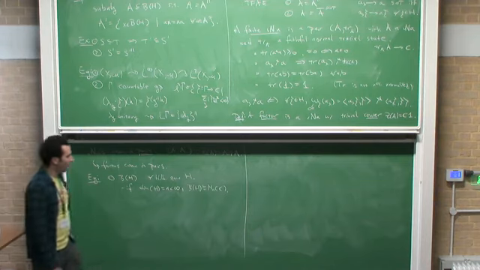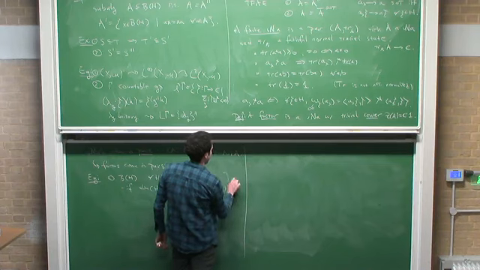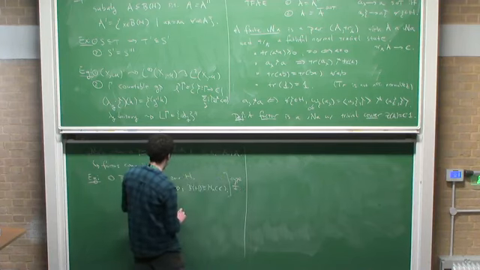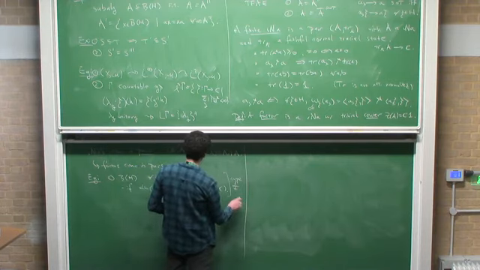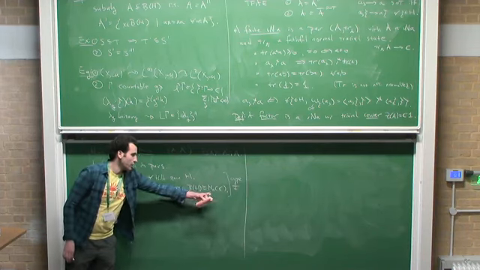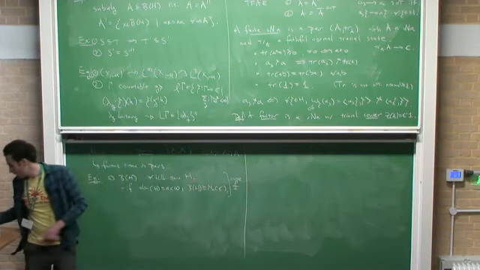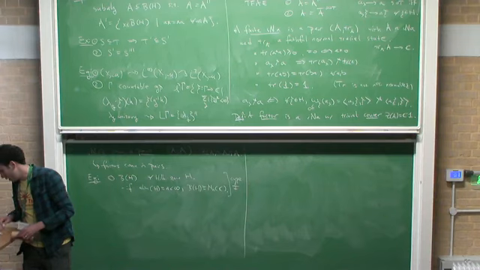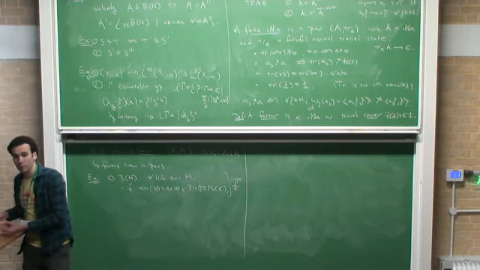These are called the type I factors. There's type I n if you're M n of C, and type I infinity if you're B of H for H infinite dimensional. We're going to assume all our Hilbert spaces today are separable, just to not deal with anything too large.